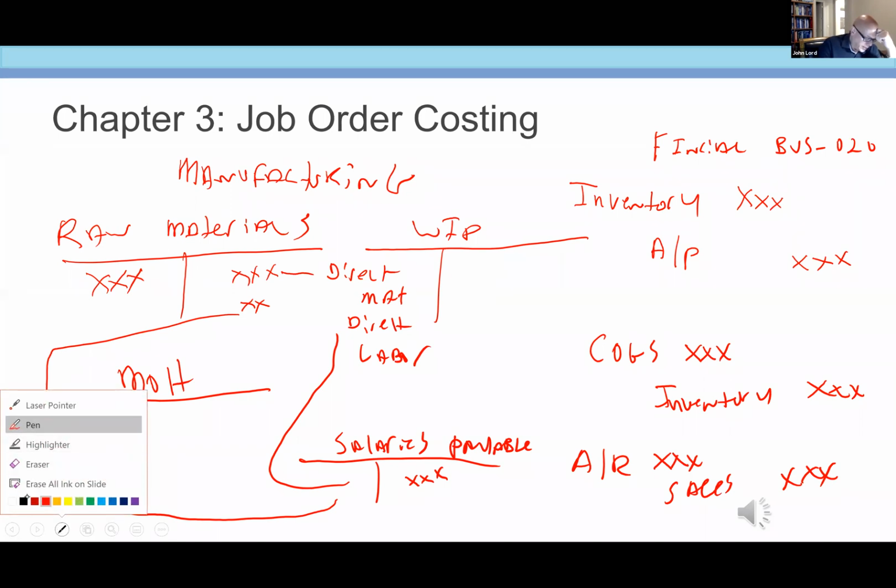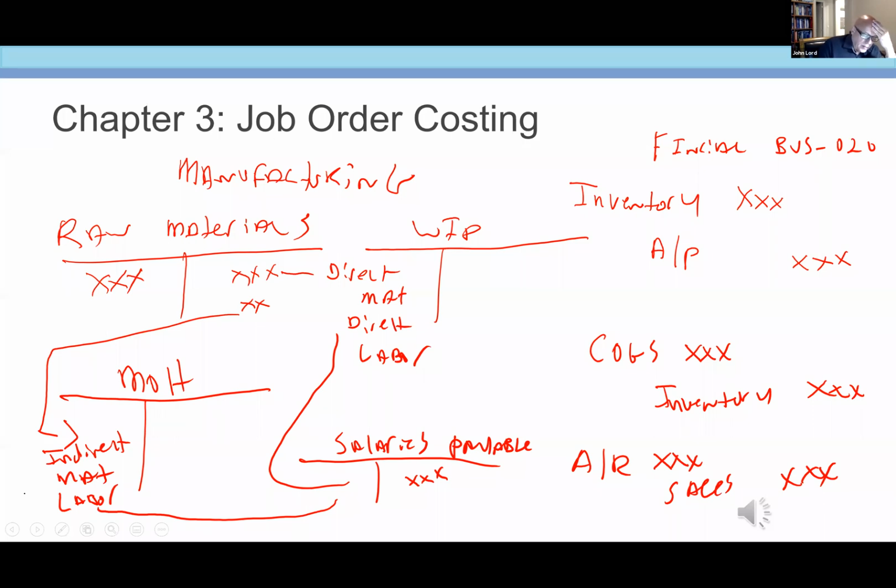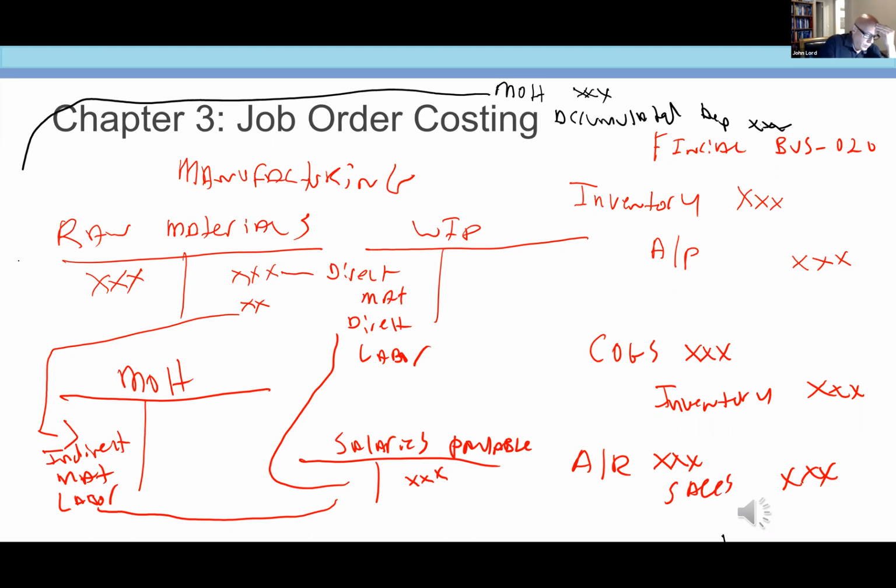A classic example of some of the others might be depreciation on my factory building. So I'm still going to credit accumulated depreciation, wherever my depreciation of my factory building is. But instead of debiting depreciation expense like I would in a retail type entity, I'm going to gather that cost into my manufacturing overhead account.